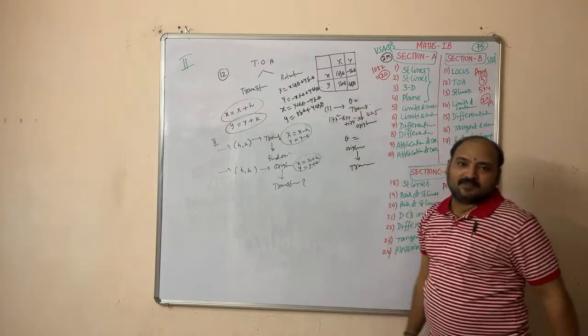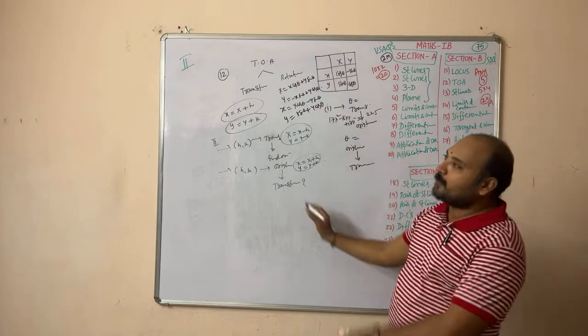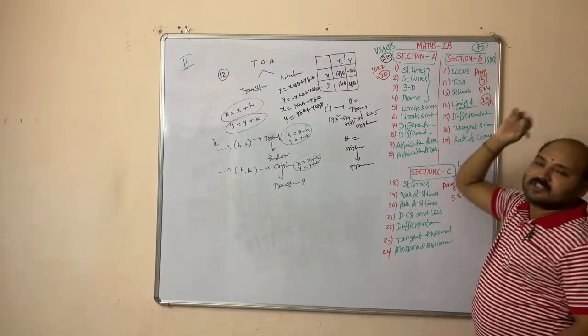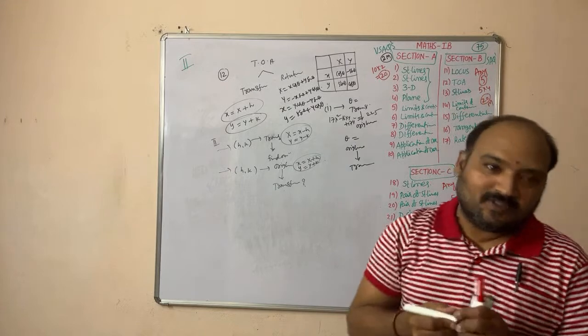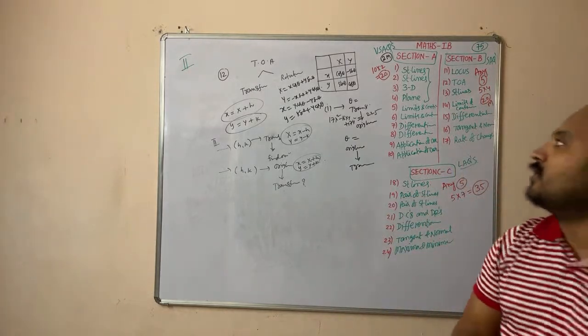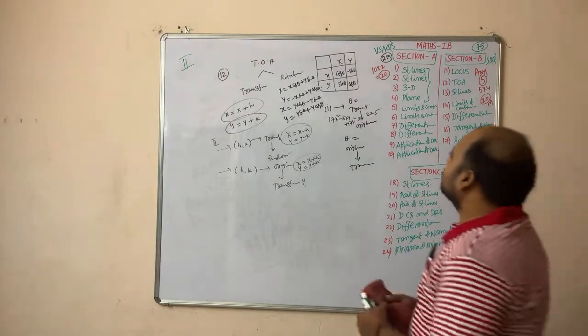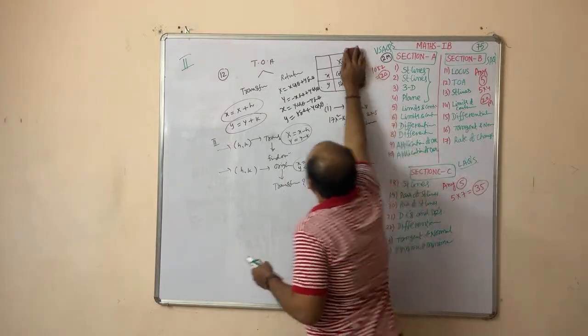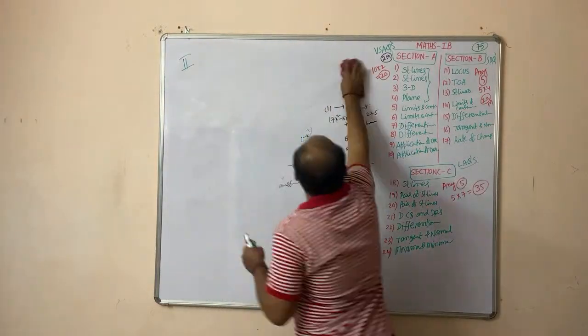Okay, dear students, these are the formulas you can apply from transformation of axis and locus. You will get it. These are the possibilities of transformation of axis. So now we will move on to the straight lines. Third question.